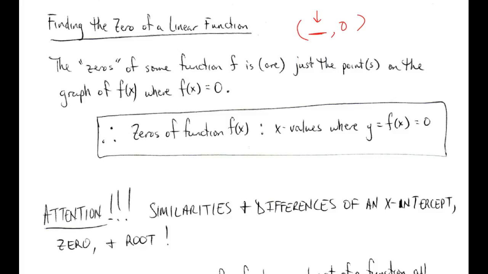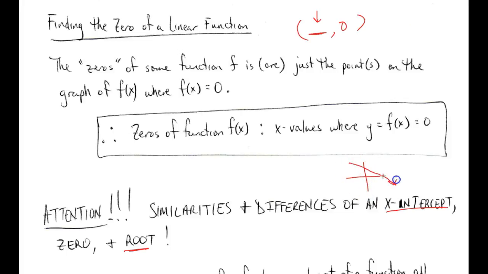One of the things that we want to make sure that we understand whenever we're talking about the zeros of a function is that they're very similar and related to what an x-intercept is, as well as what a root is. An x-intercept, of course, is a point on the graph where the line or function in general crosses the x-axis.